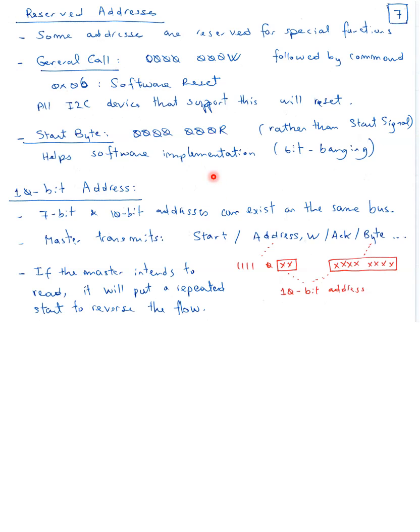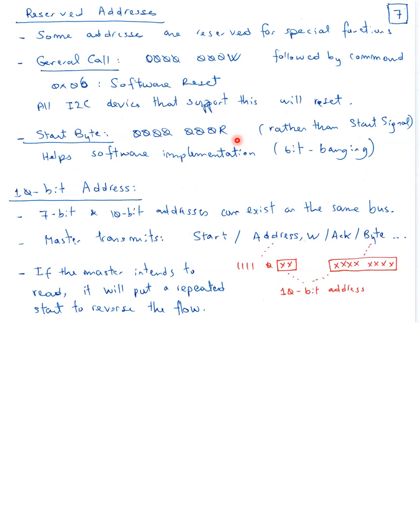So basically, to detect the start signal, that's an instantaneous moment, and the other guy should be really listening to this. So if the start signal was not detected correctly because it's simply a falling edge on the data line, then we have this guy that lasts 8 bits, all zeros with the RW bit equal to R. Then when the other guy detects this, this will be interpreted as a start signal, which we call the start byte.